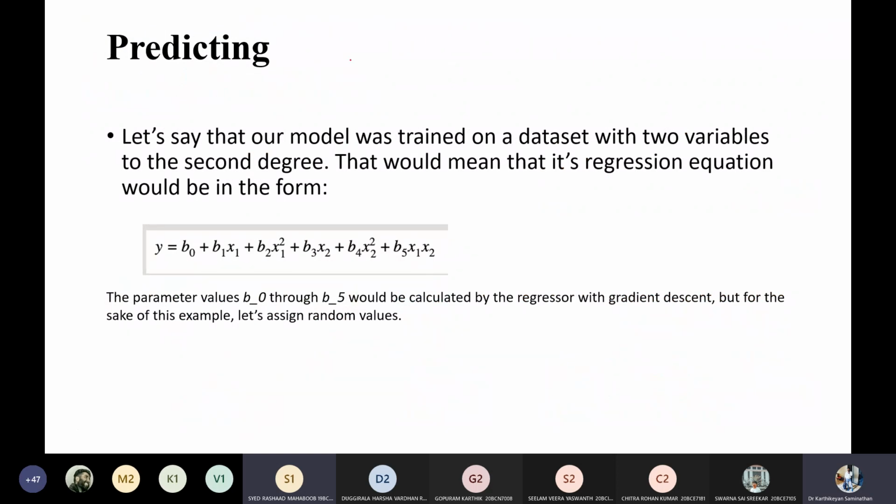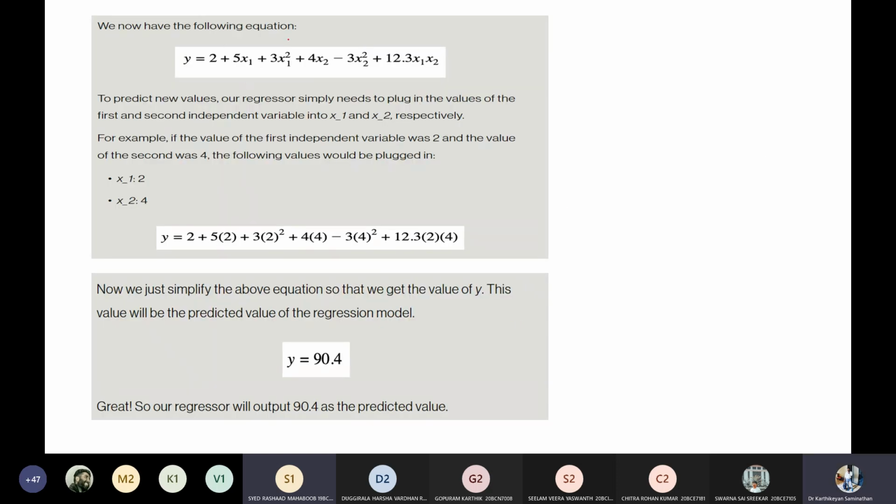For example, this is one of the predictions, a second order prediction. See b0 plus b1 x1, b2 x1, b3 x2, b4 x2. So x1 and x2 are used; there are two independent variables, right? Now I am taking some random equation and applying x1 equal to 2, x2 equal to 4.